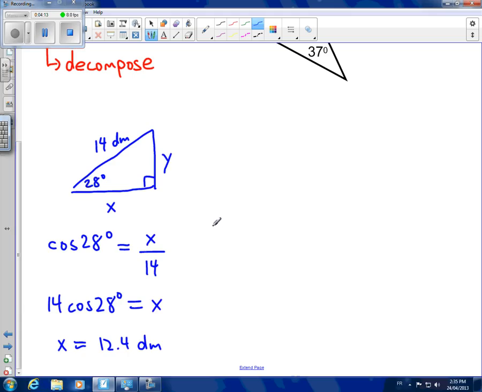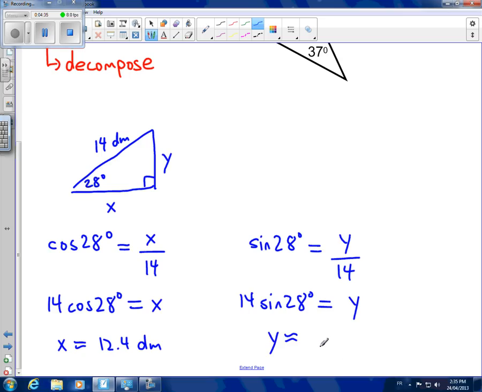Likewise, y is opposite 28 degrees, and again I'm going to use the hypotenuse. Opposite and hypotenuse is the sine ratio. So sine of 28 equals y over 14. 14 times the sine of 28 is equal to y, and y is about 6.6 decimeters.